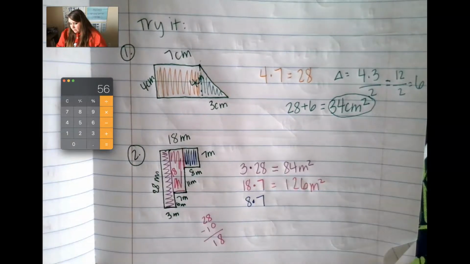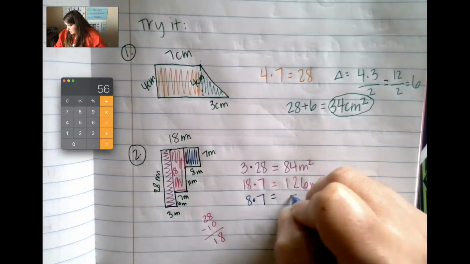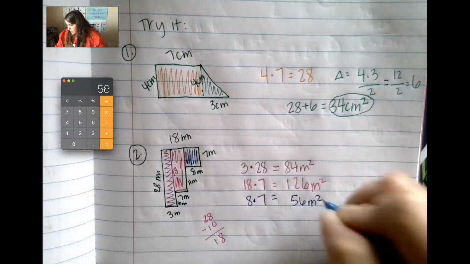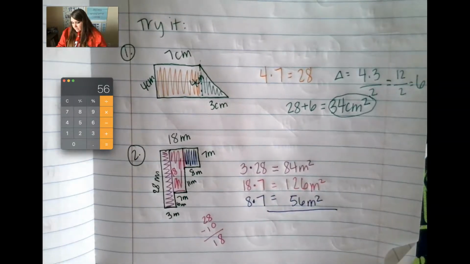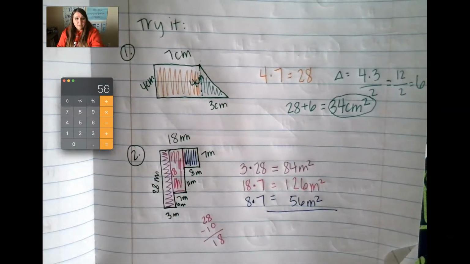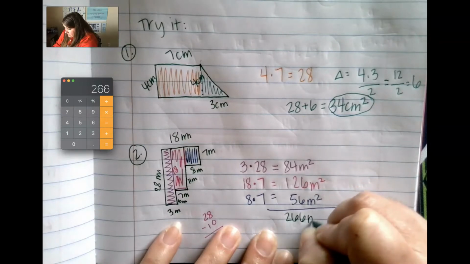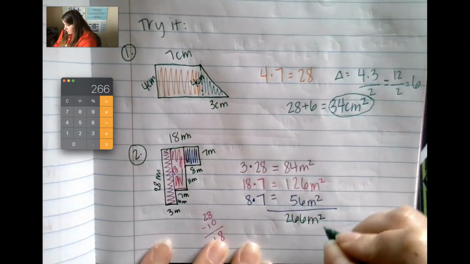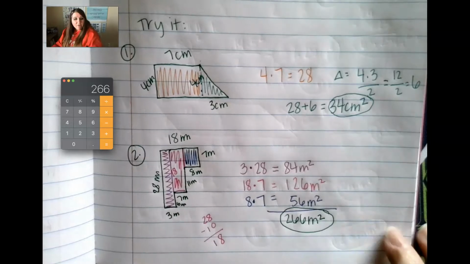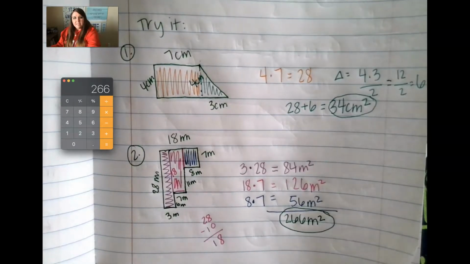We already knew that one. 56 meters squared. Now we're going to add all these totals together. So 56 plus 126 plus 84, and that's going to give me a grand total of 266 meters squared. All right, how did you do on this?